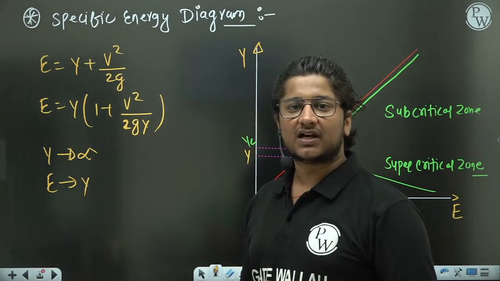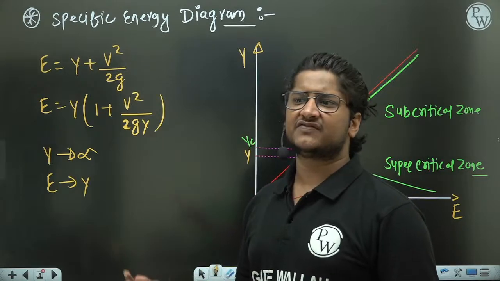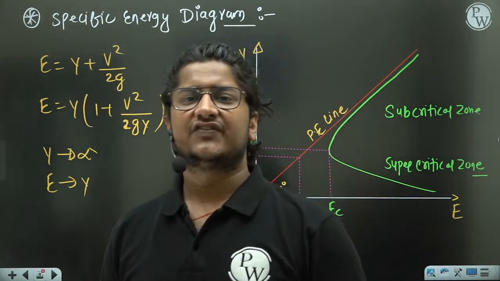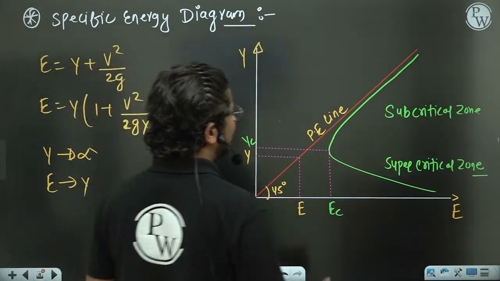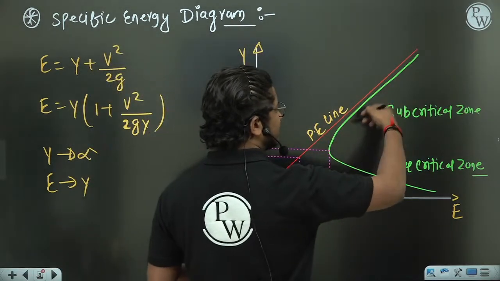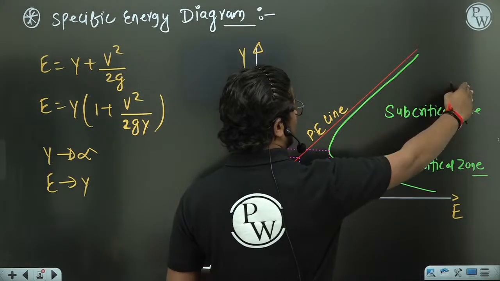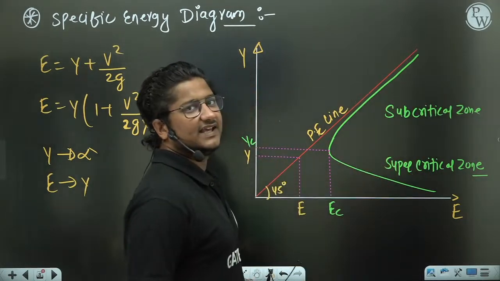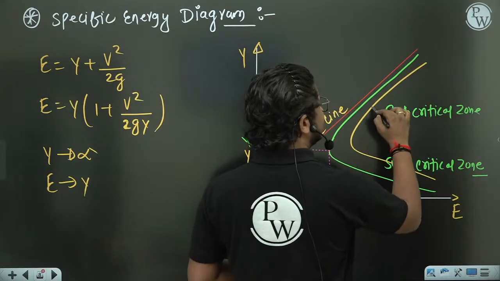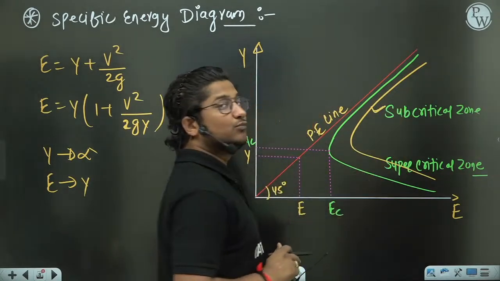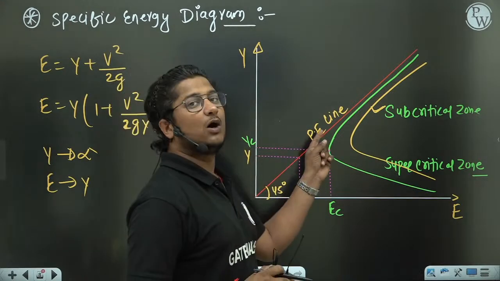For example, in a river, so many specific energy curves can be drawn for different discharges. If I draw a curve in the right direction like this, this specific energy curve will have more discharge compared to the previous one. How can we say this?